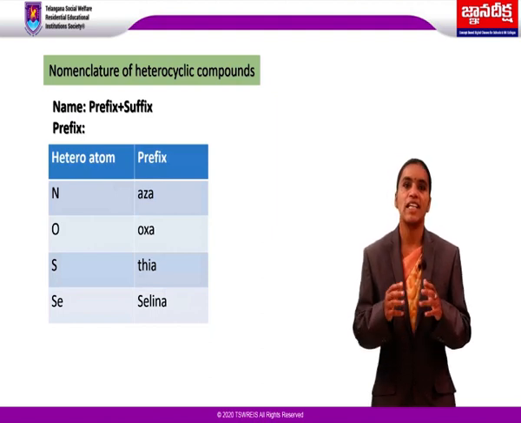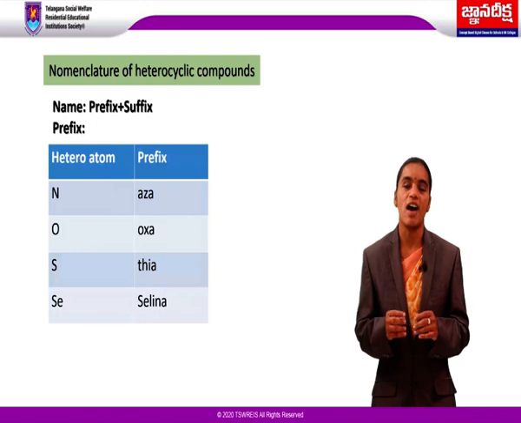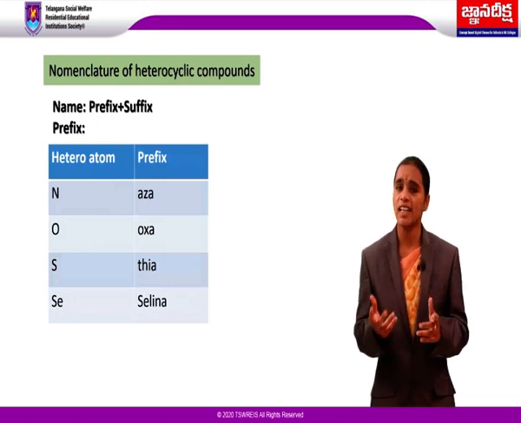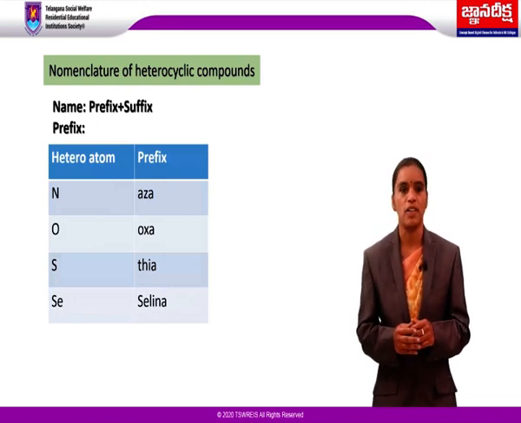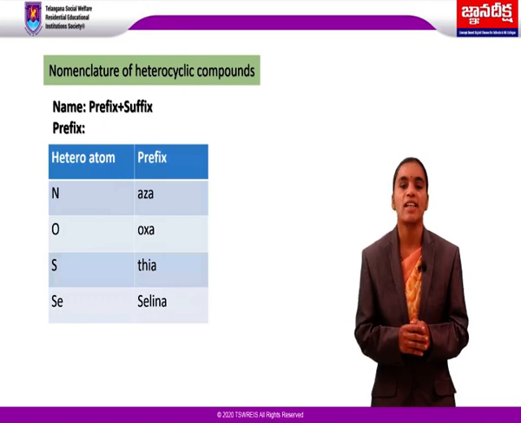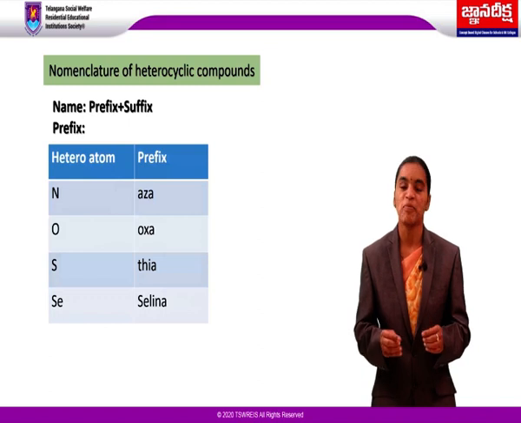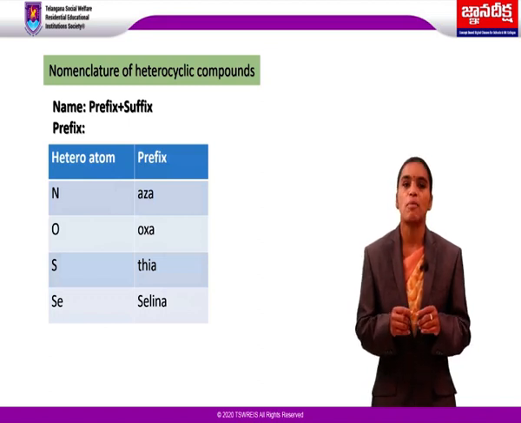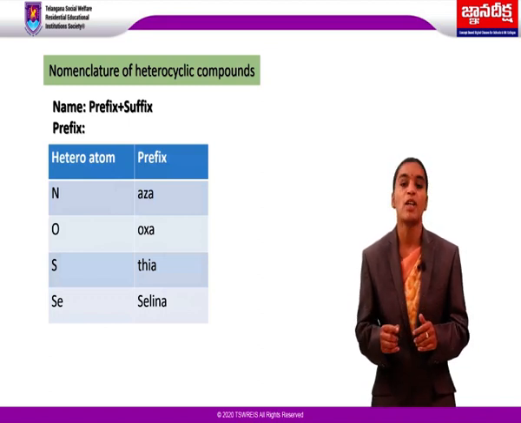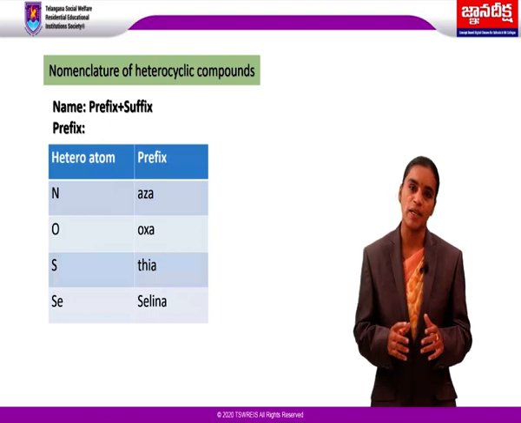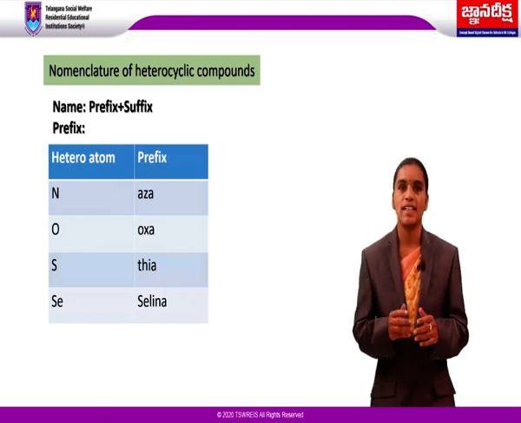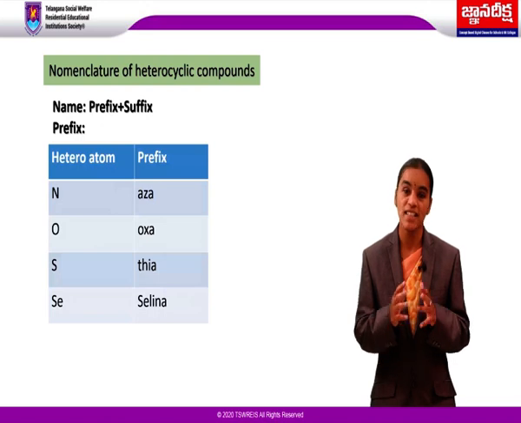Generally, the common name is given by nature or occurrence or based on some physical property of the compound. And the IUPAC name is a method of naming as recommended by IUPAC. Here, the IUPAC naming system for heterocyclic compounds was proposed by Hantzsch-Widman, so we also call this system the Hantzsch-Widman system.